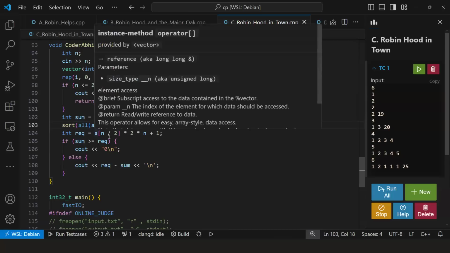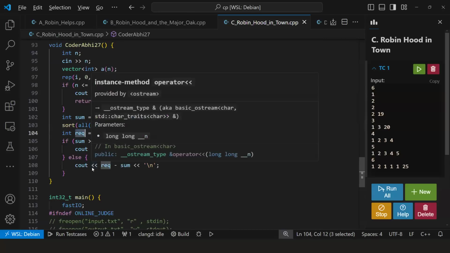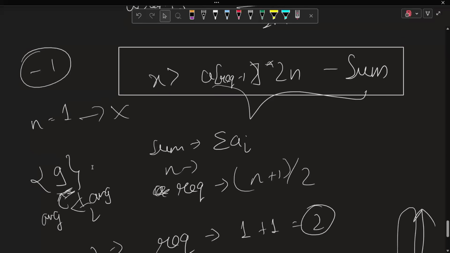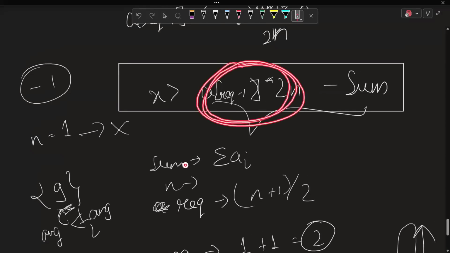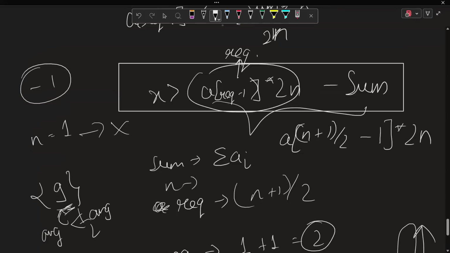Then my required value is, okay, here this required variable is something else. Here this required variable is basically this thing. In my code, I'm taking my required as a of (n plus 1) by 2 minus 1, into 2.